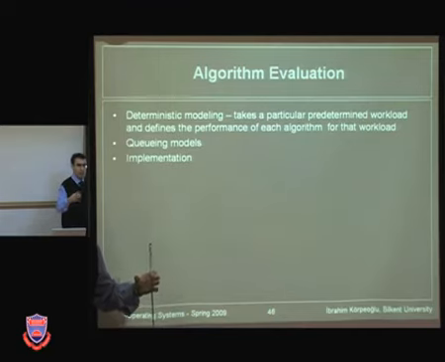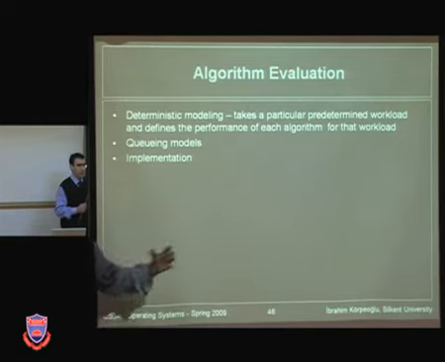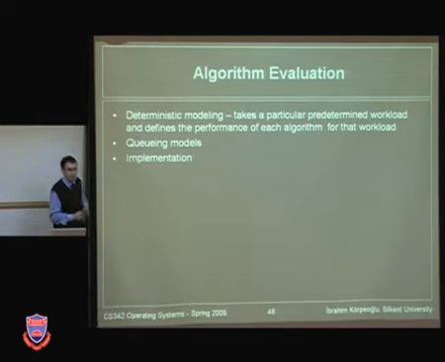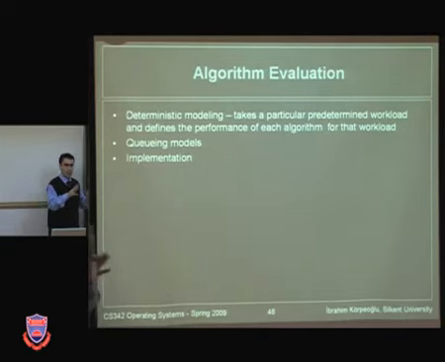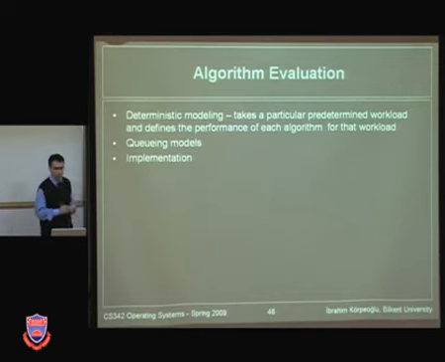If you know the average service rate, the CPU power, and the average arrival rate for the processes, then using those mathematical models, you have formulas which relate the average queue length and average waiting time in the queue to the arrival rate and the service rate. So this is the queuing model approach. You can use those mathematical models to have an idea about the performance of a scheduling algorithm.